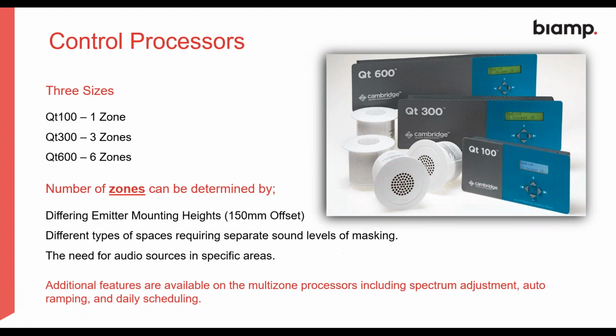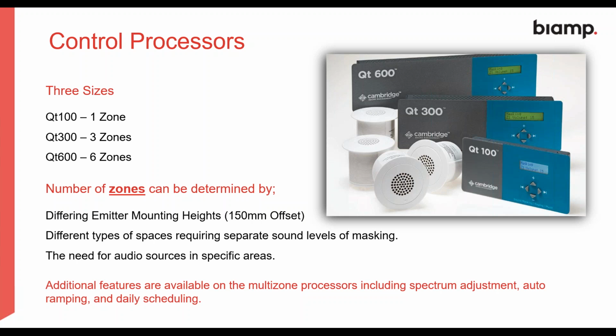Our control processors, we have 3 control processors, QT100, 300 and 600. The differences between the 3 are the 100 has 1 zone, 300 3 and 600 6.